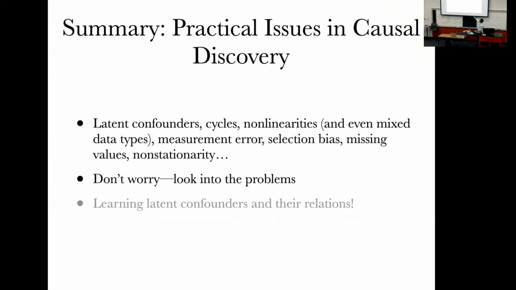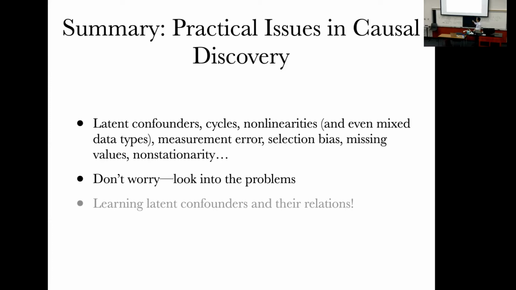You can see how to deal with cycles, non-linearities, measurement error, selection bias, missing values, and so on. This list is almost complete. So in reality, if you have data, remember, in causal discovery or causal representation learning, you want to recover the truth. That's why we have to care about how the data is sampled, and whether there's noise and so on.